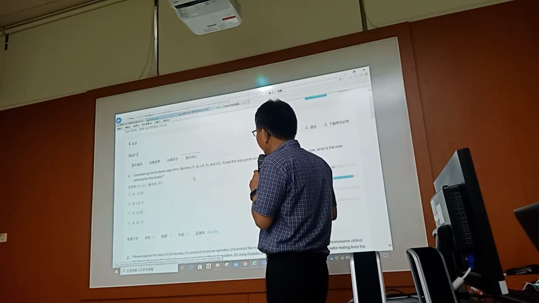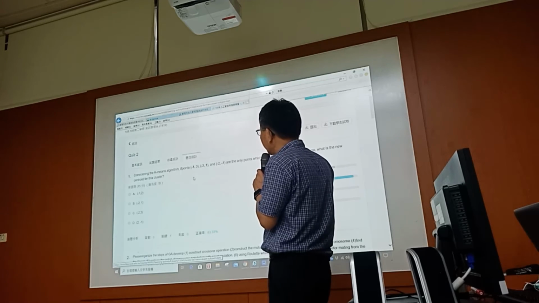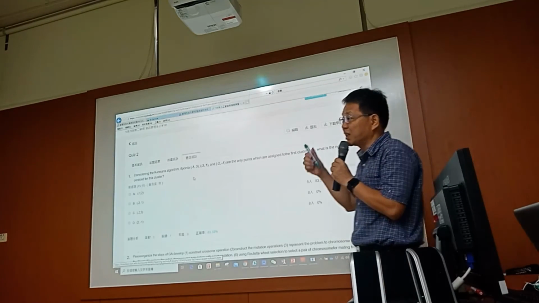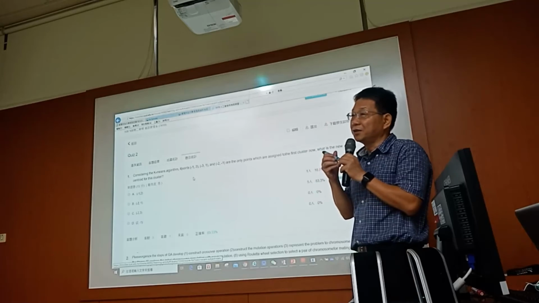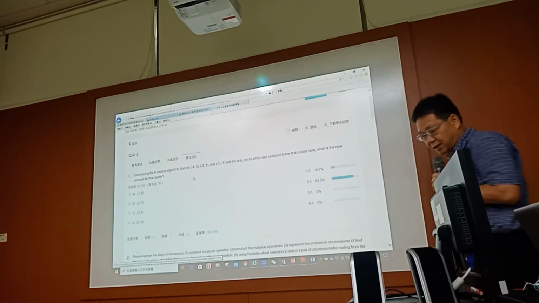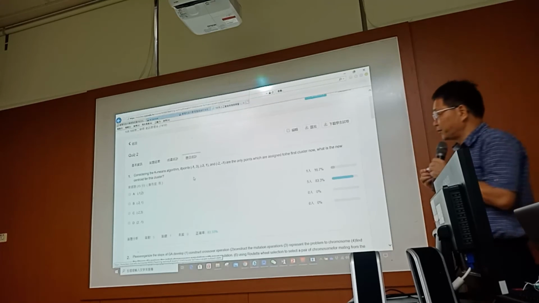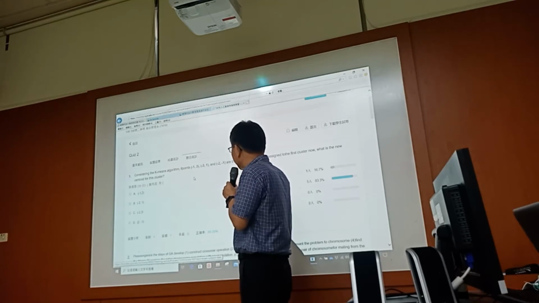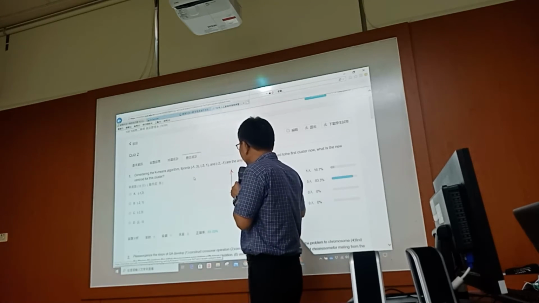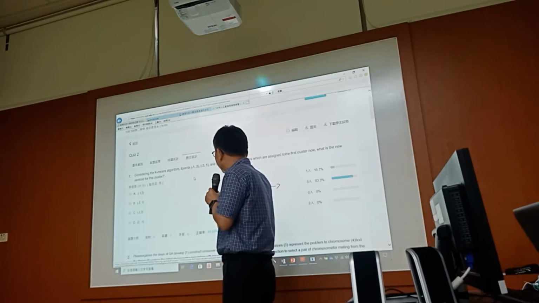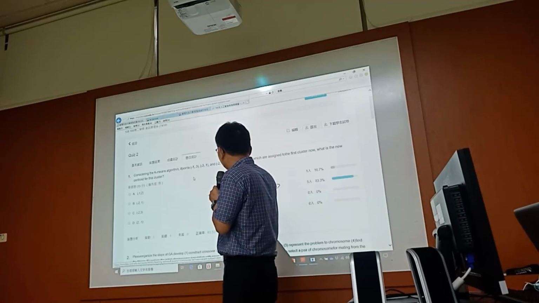So this one is to try to find the centroid. In fact you do not need to calculate, you just draw the graph, and you can find which one is the best. So sometimes in this kind of test, you can find -3, -1.